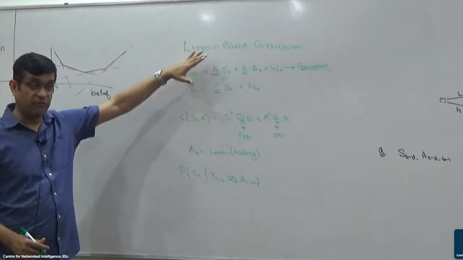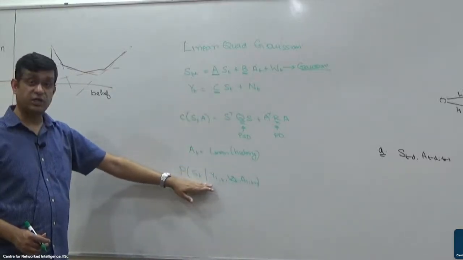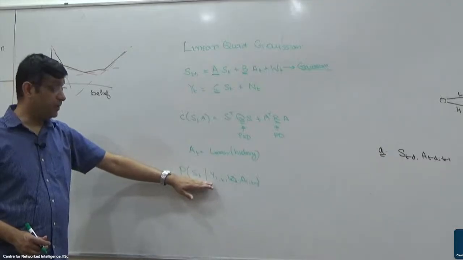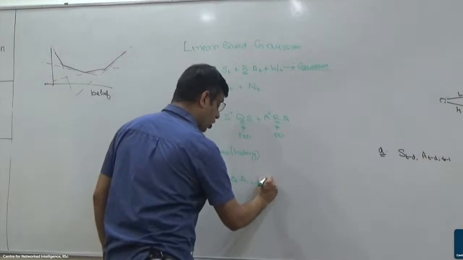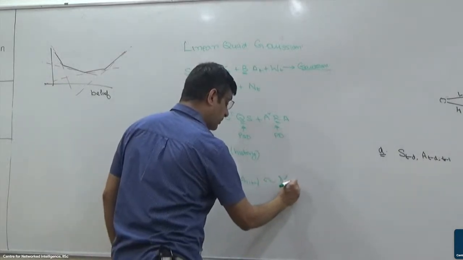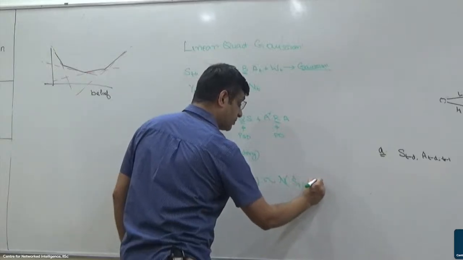So, everything is jointly Gaussian. That means that my conditional distribution will be a Gaussian distributed random variable. This will be a normal variable with some mean, let me call that s hat t given t, and some covariance.